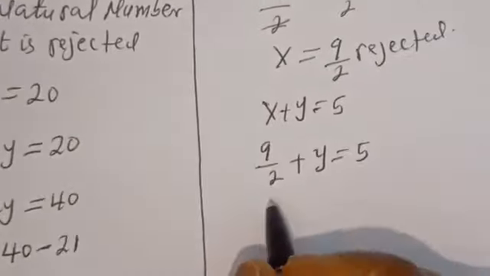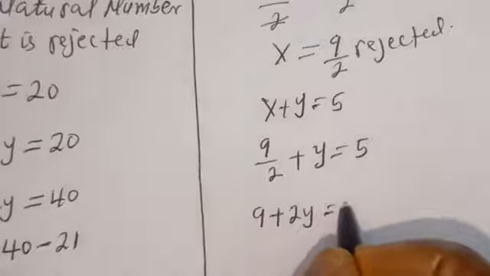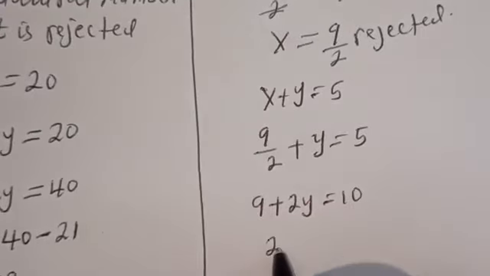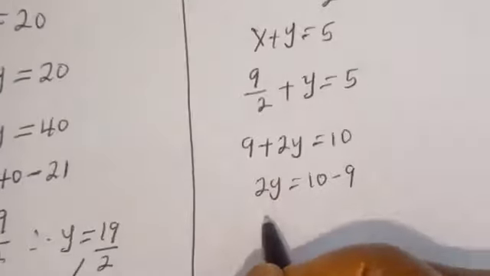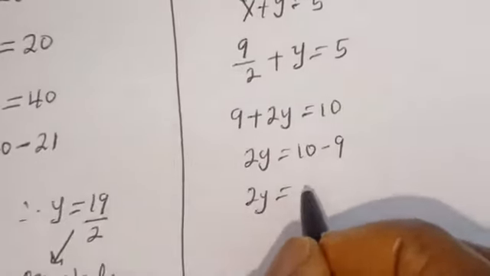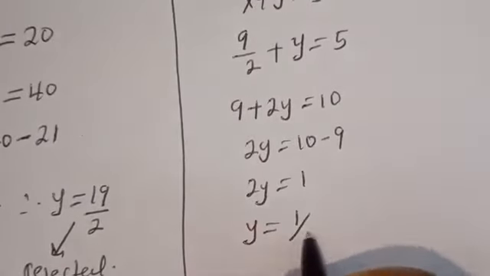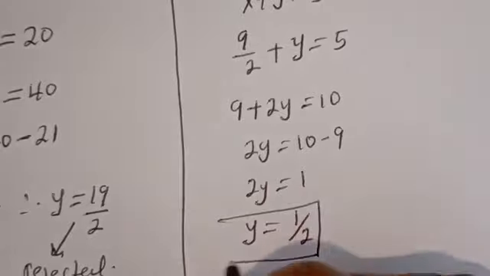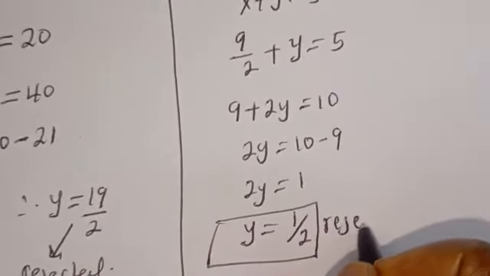If you multiply all through by 2, we have 9 plus 2y equal to 10. 2y is equal to 10 minus 9. Then 2y equal to 1. y is equal to 1 divided by 2. So this is also not a natural number, and this is rejected also.